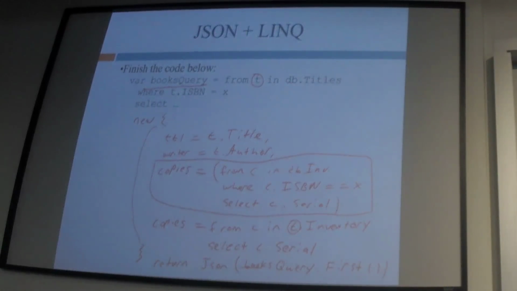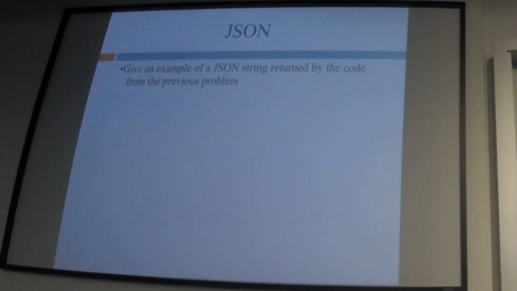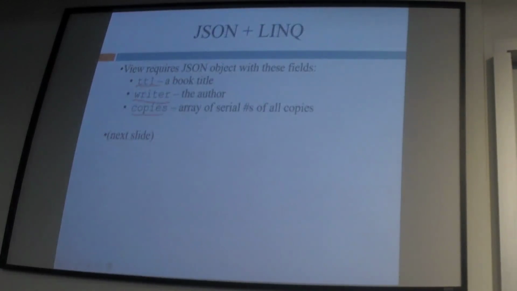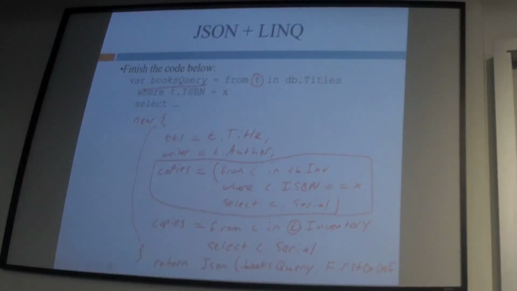So we're returning one object where that object has a TTL, a writer, plus an array of serials. Perhaps a better thing to do here would be FirstOrDefault. That way it wouldn't just crash if there was no book with that ISBN. It would return null instead of crashing.